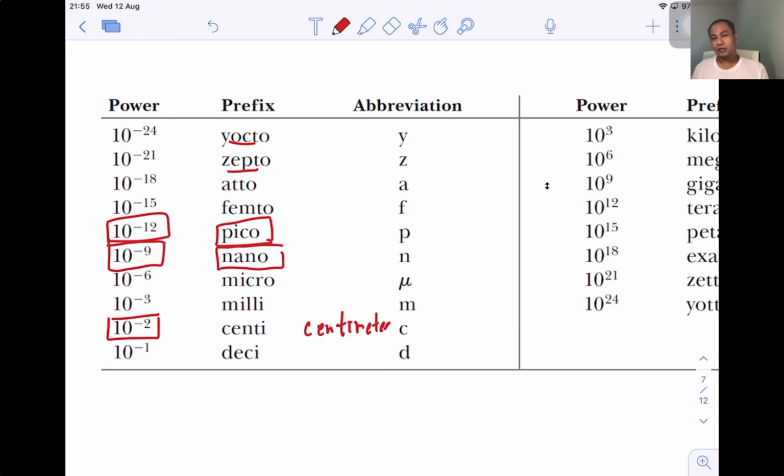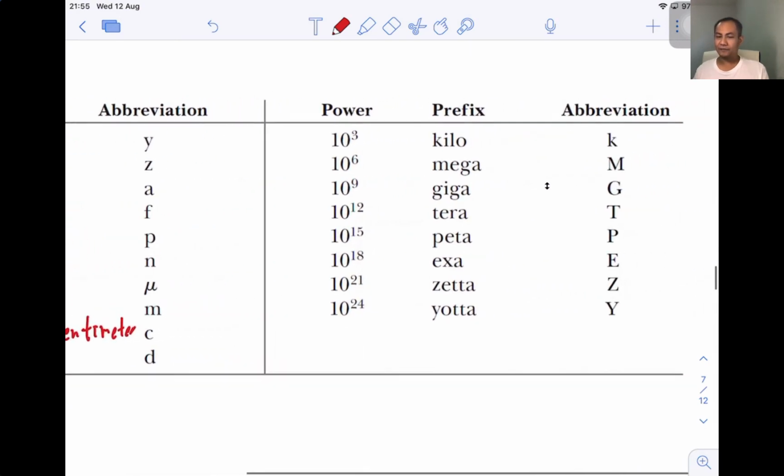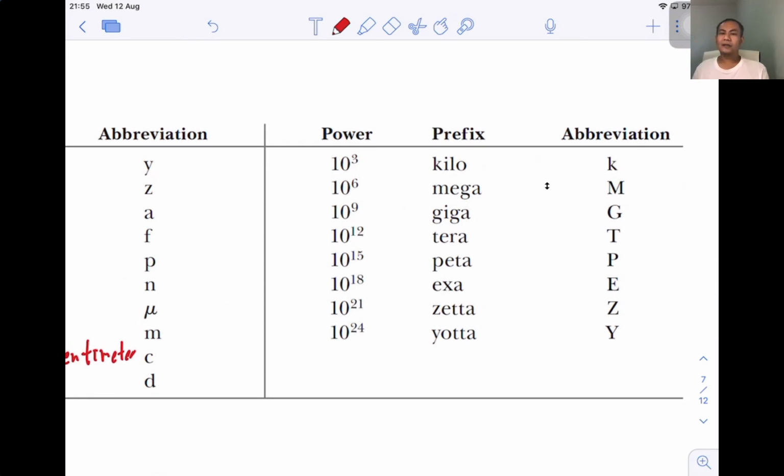On the other hand, we have things that are very big too. If you want to describe the mass of an elephant, you use maybe the kilo. The mass of yourself doesn't need to be an elephant. Kilo is 10 to the third, so it's kilogram, kilometer, kilowatt, kilo something. And we have mega, or even bigger, giga.